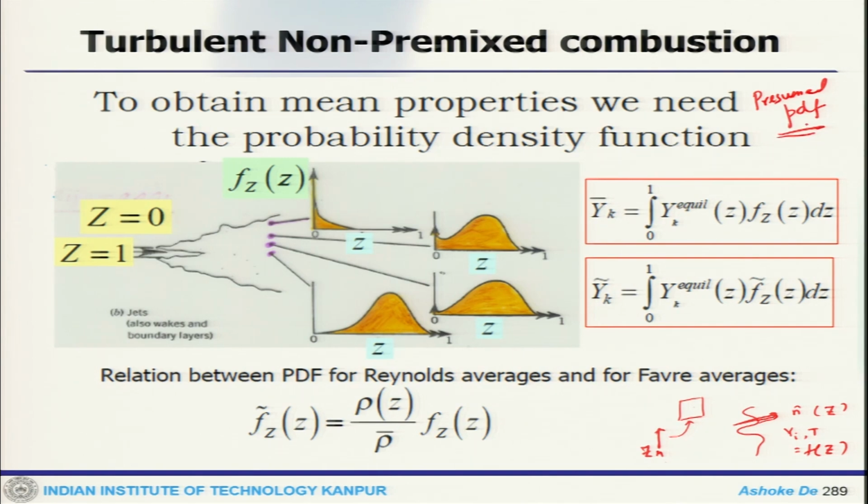So one can look at the probability density function approach as having two different categories. One is the presumed shape PDF, which is applied in laminar flames, premixed flames and non-premixed flames, and another is the transported PDF approach. Transported PDF is also theoretically applicable to both regimes, but it requires tuning for each of these regimes to use properly.